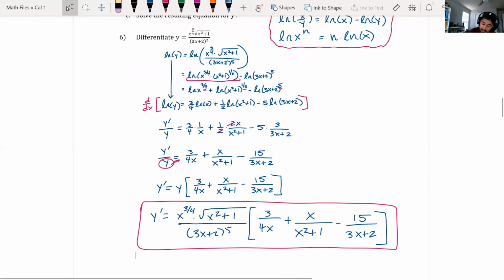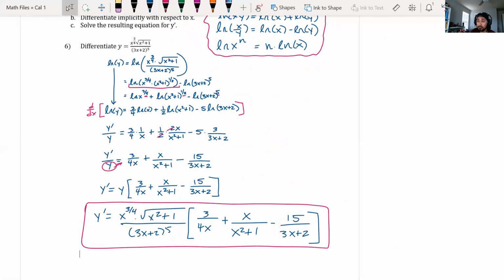There it is. And if you attempted product rule, quotient rule, chain rule on this, you would still be going.